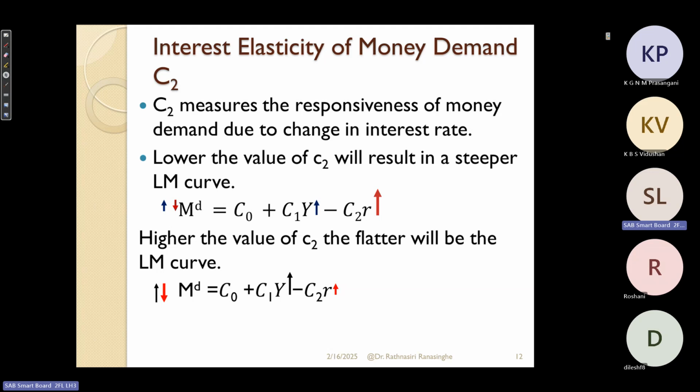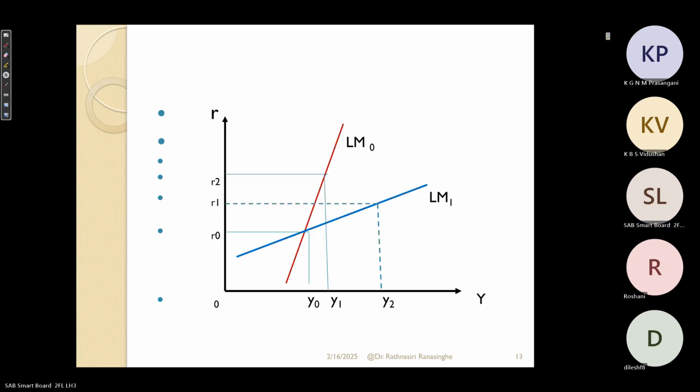The higher the value of C2, the flatter; the lower C2 means a steeper LM. That is the kind of relationship. So this is one factor, the slope of the LM curve.